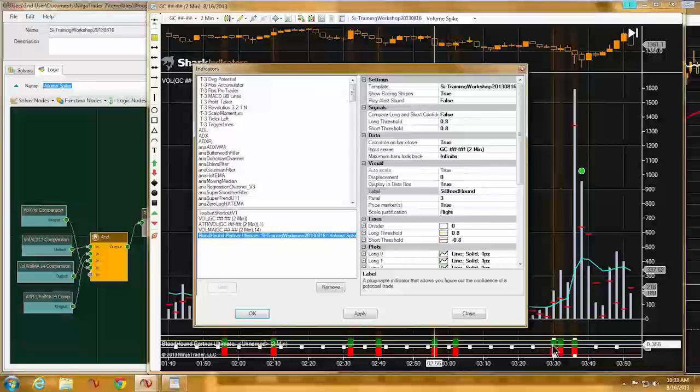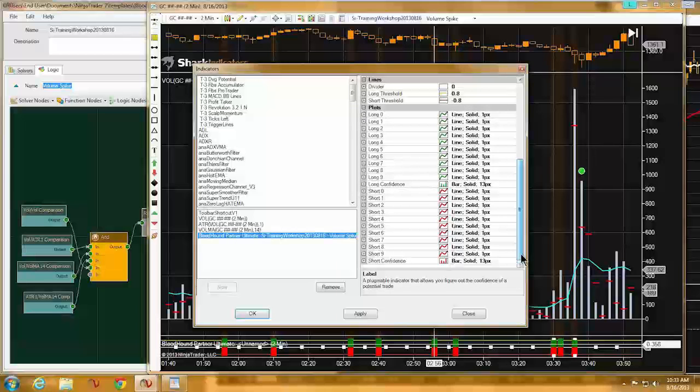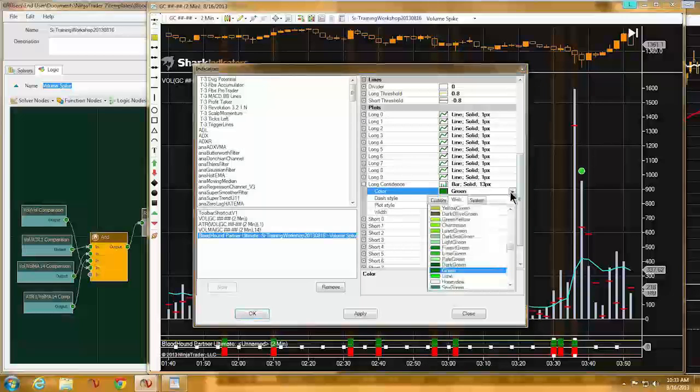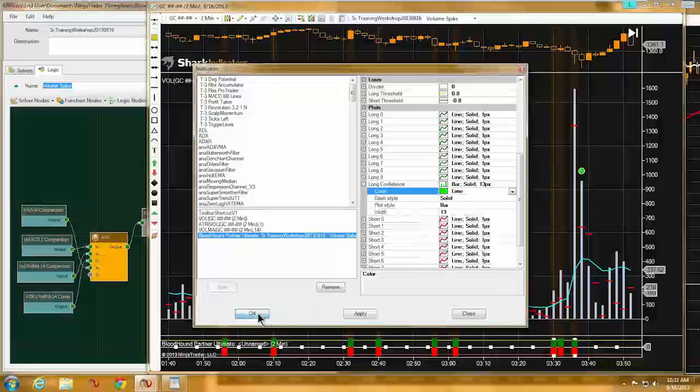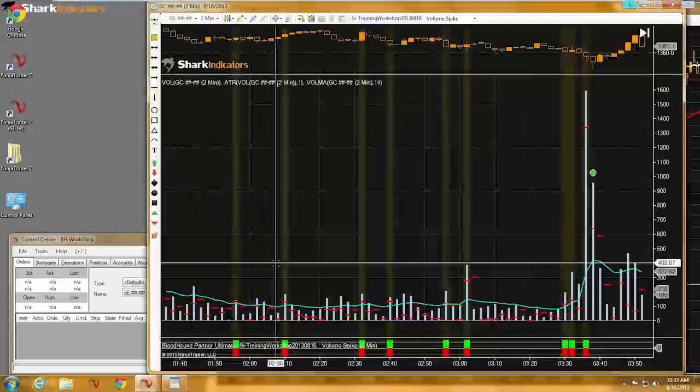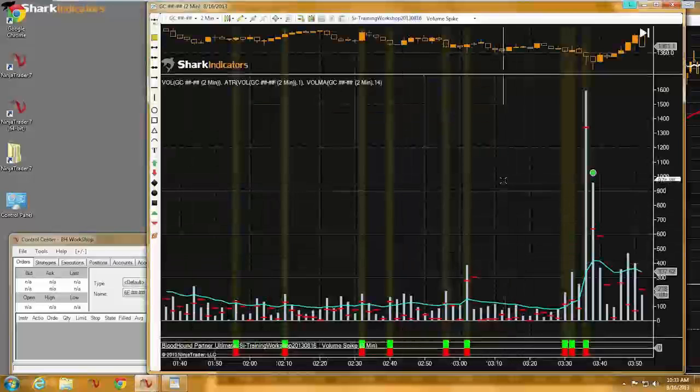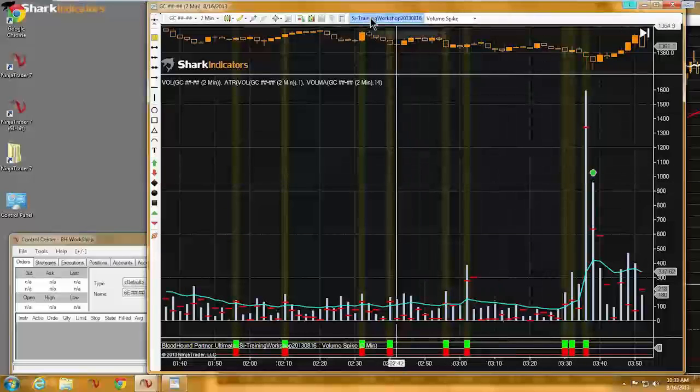It's a combination of green and red, which makes kind of this muddy brown, and it might look a little dark for some of you guys, depending on how your monitor is set up. So I'm going to change this to a little brighter green. It'll help that show up a little better for you. There you go. Put it on lime. There we go. That's a little brighter. Makes it a little greener too.